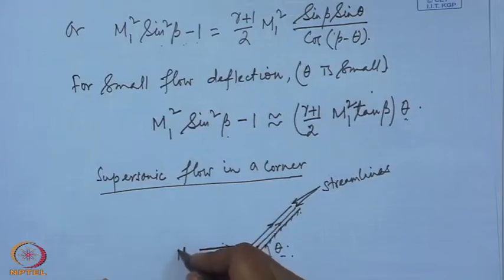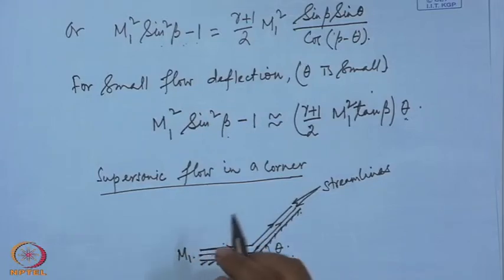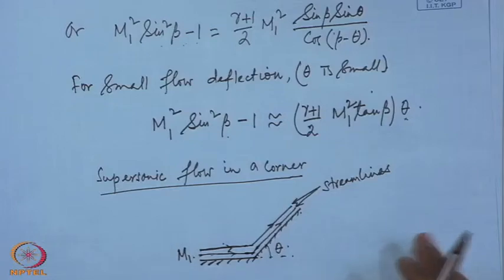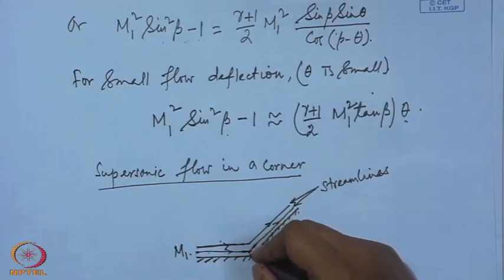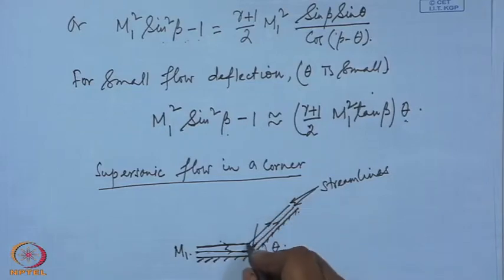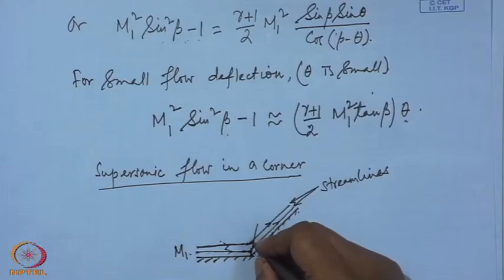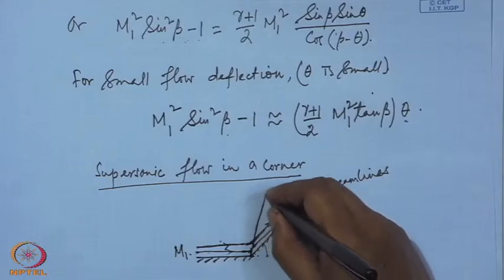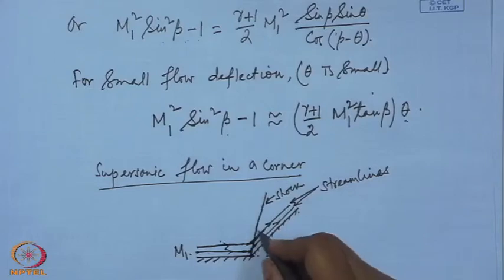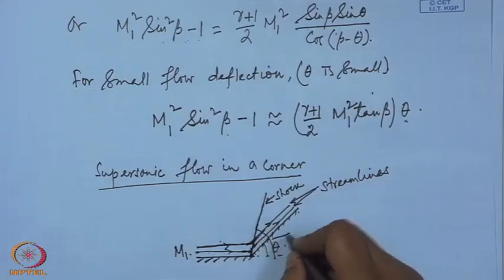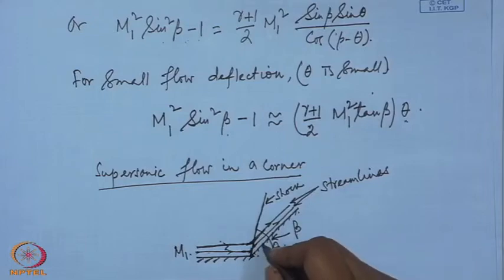A given supersonic stream of Mach number M1 will be turned by angle theta, provided there is an oblique shock of given angle beta.